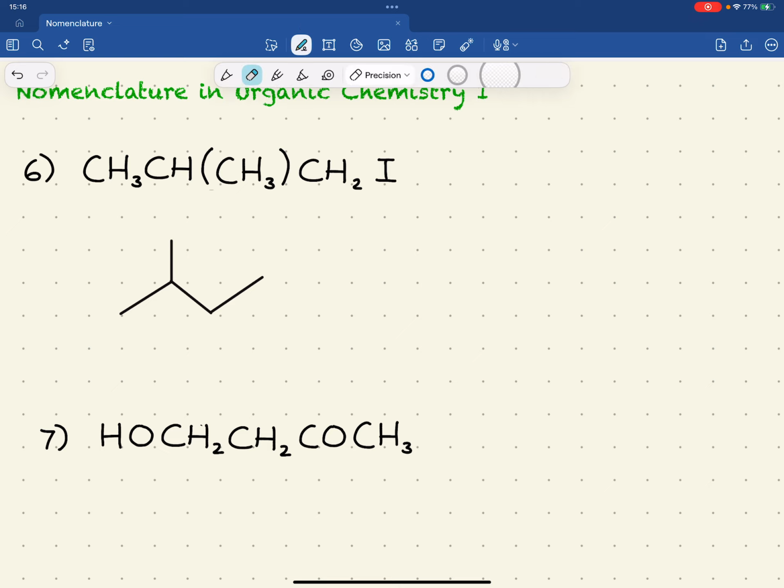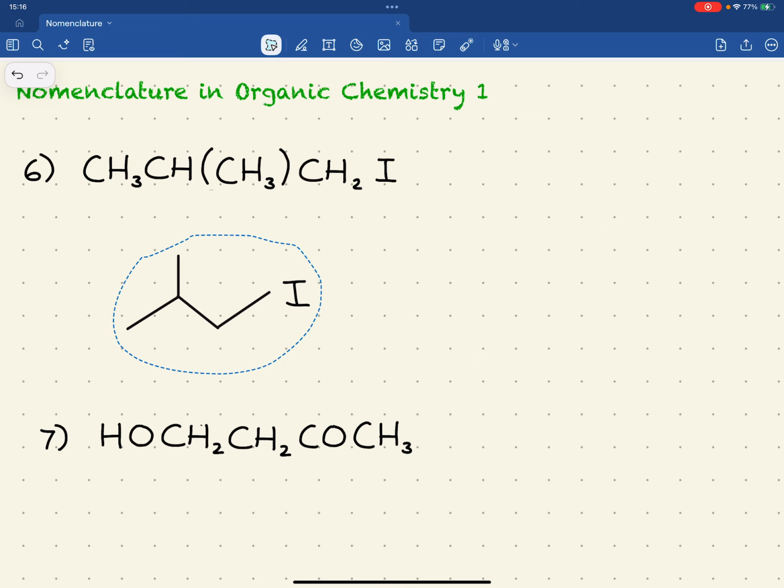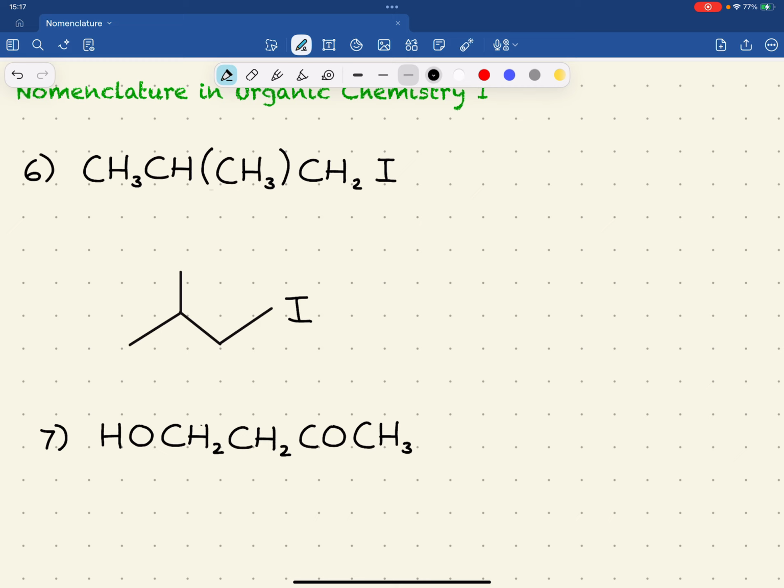This time we've got the iodine here. So again, we want to add these up so they get the lowest number. So you would need to number it this way. 1, 2, 3. So you need to give the iodine the lowest number possible.